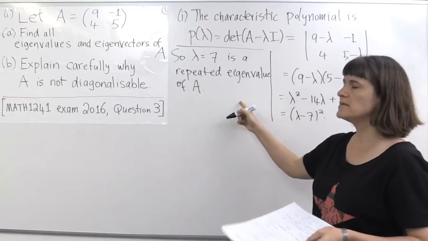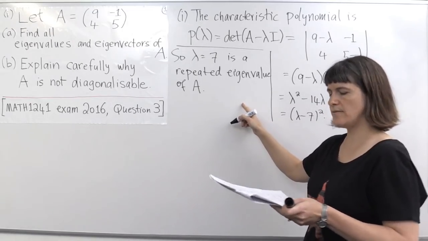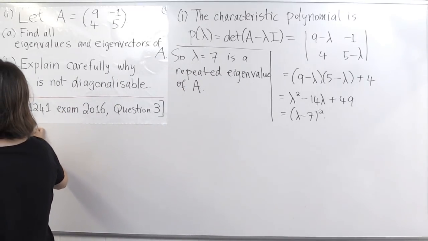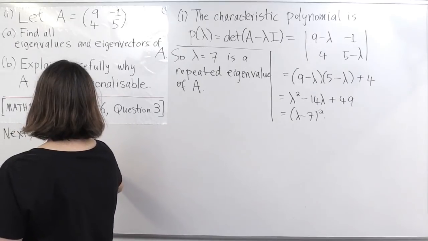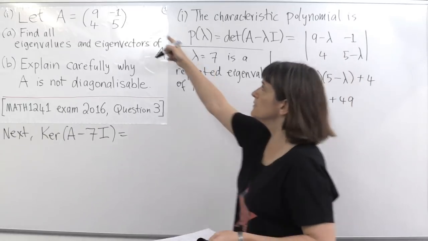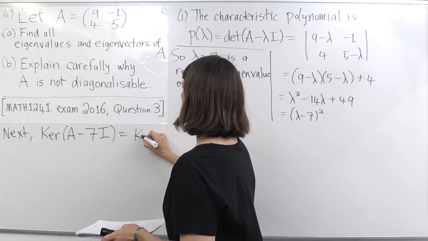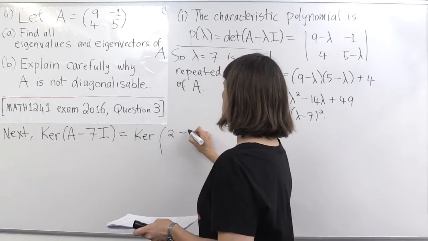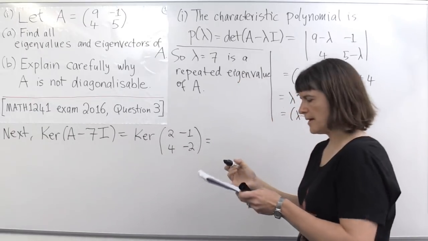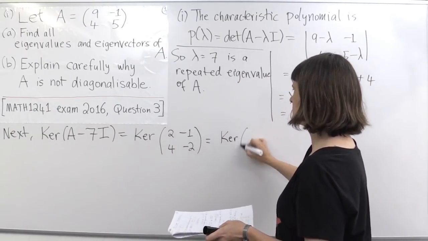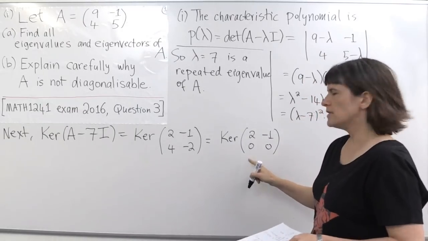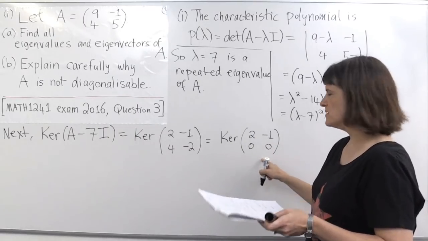So to find all the eigenvectors, we need to look at the kernel of A minus 7I. I might do this down here. So subtracting 7 from the diagonal elements of this matrix, we're looking for the kernel of 2, minus 1, 4, minus 2. And because the row operations preserve the kernel, this is the kernel of 2, minus 1, 0, 0. And we can see that there's one leading column and one non-leading column.